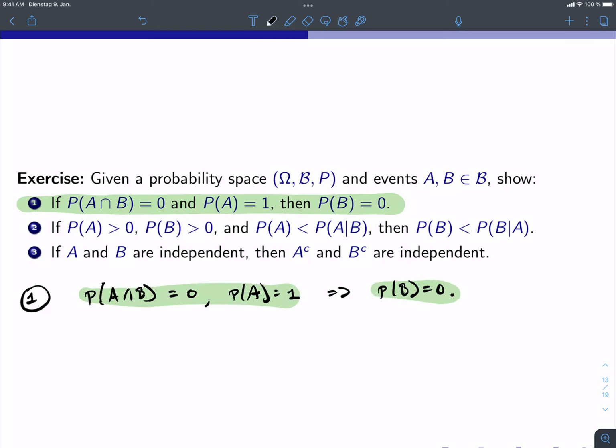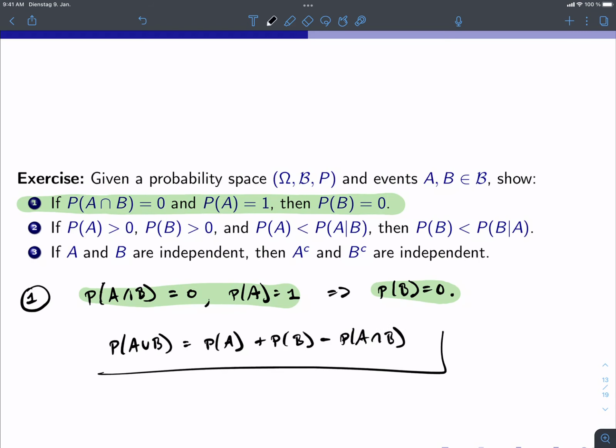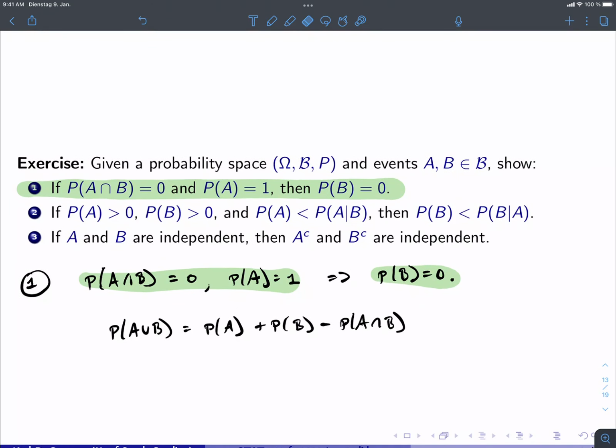Well, we can start by writing probability of A union B equals probability of A plus probability of B minus probability of A intersect B. So that's one of the things we proved early on.